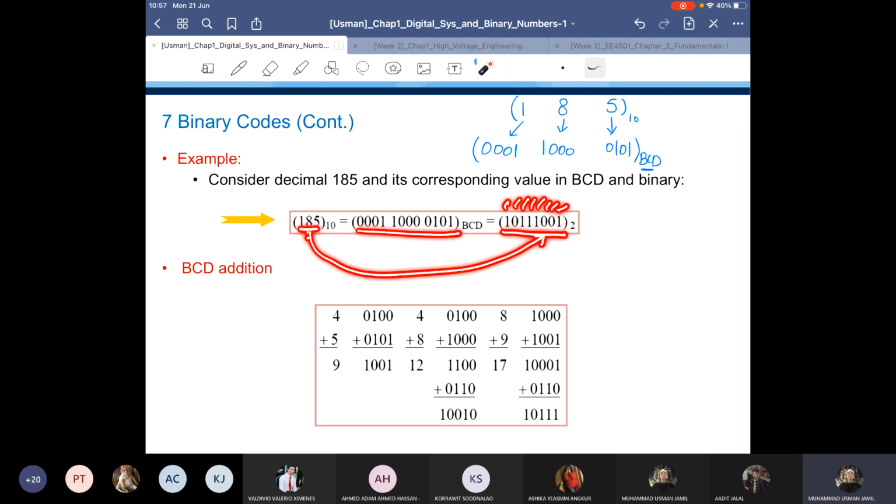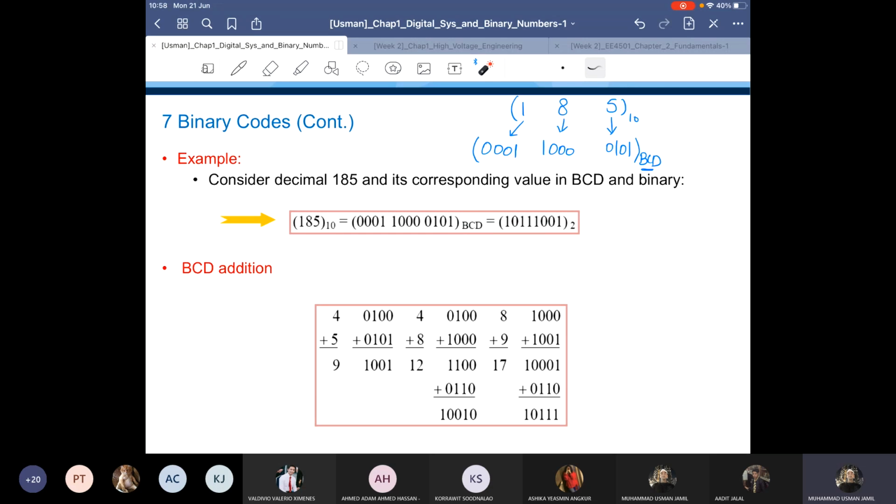You can see this number is different from the BCD number. This one has base 2, and this one has base BCD.